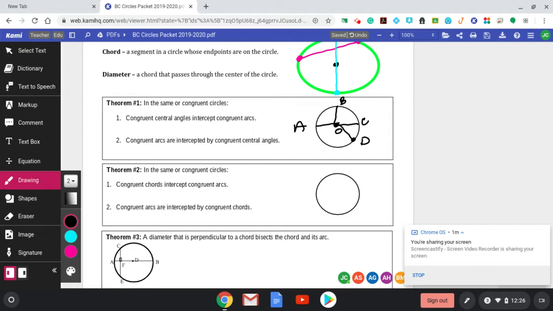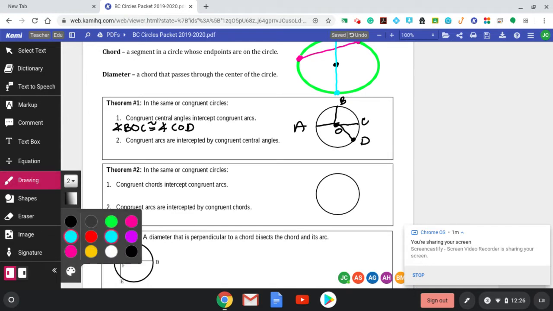If the central angles are congruent, that means the arcs are congruent. If I'm given that angle BOC is congruent to angle COD, that implies what is true? Their arcs. What arc belongs to BOC? BC. And what arc belongs to COD? CD.